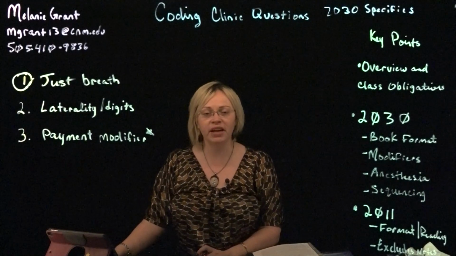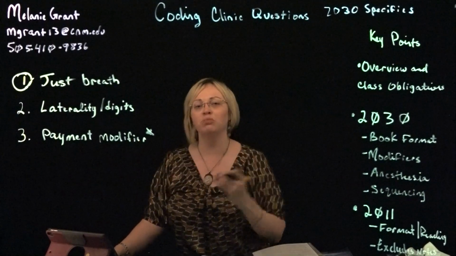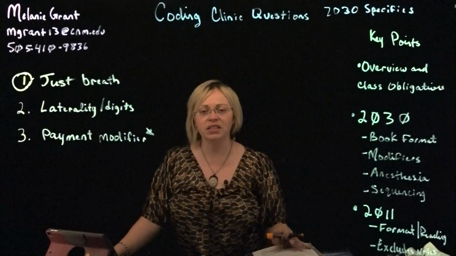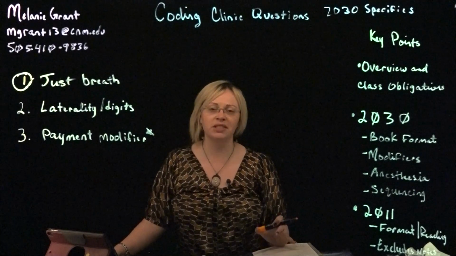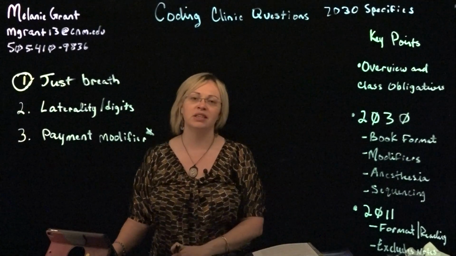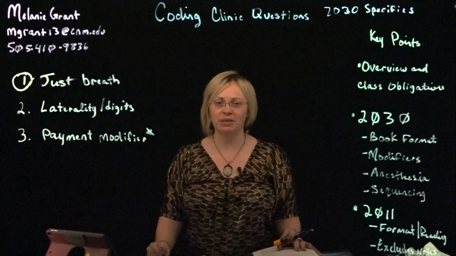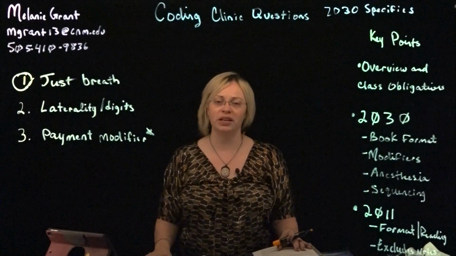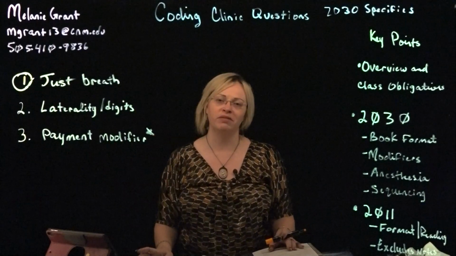Other payment modifiers, such as unusual services, would indicate to us to give us more money. And for 25 or 59, for services that are unrelated to other services, those allow payment. Also 24 allows payment, and those apply specifically when it's appropriate, but would be listed first with payment modifiers.